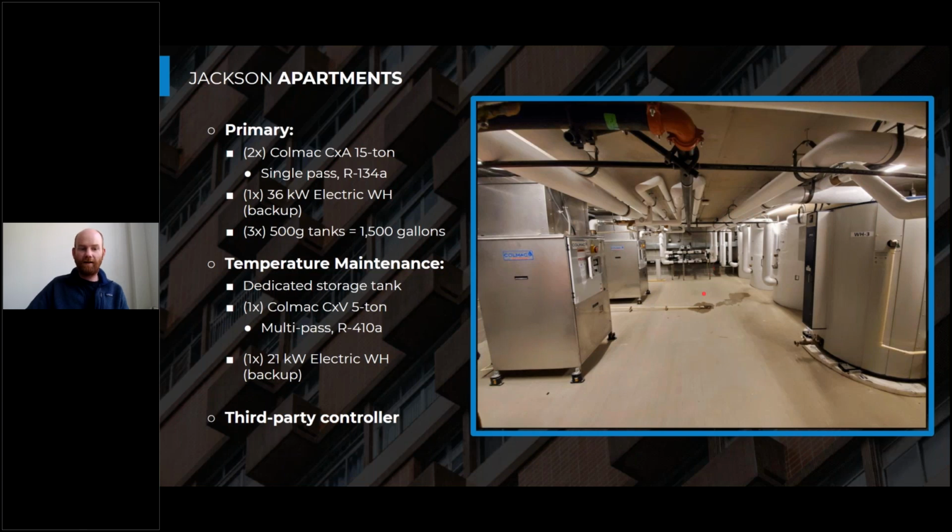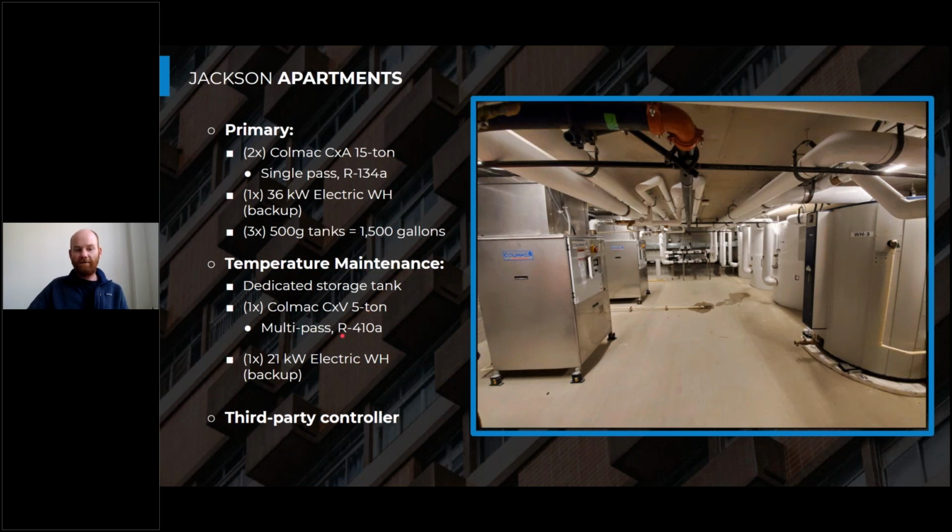We have a dedicated temperature maintenance system, and that is this large electric resistance water heater that's basically acting as a big storage tank, with an electric resistance element in it for backup in case there's an issue with those heat pump water heaters. Connected to this is a Colmac CXV, a 5-ton heat pump water heater.